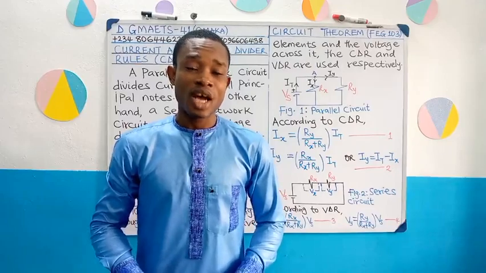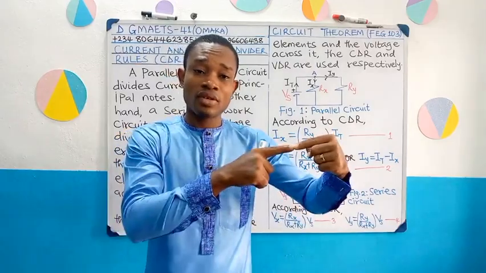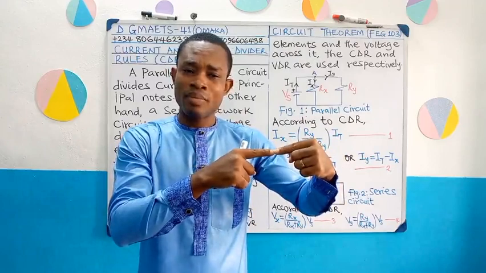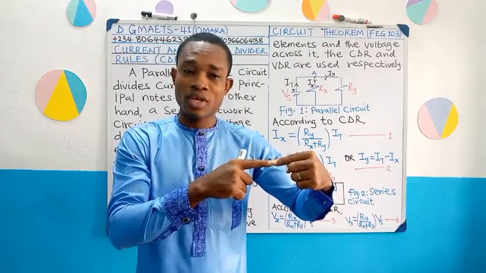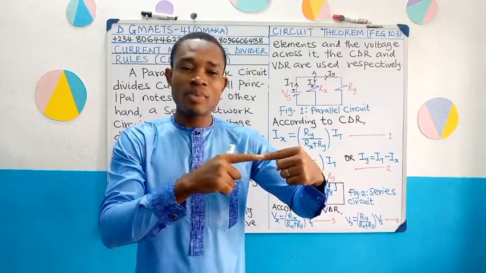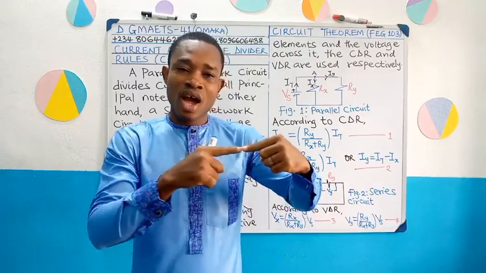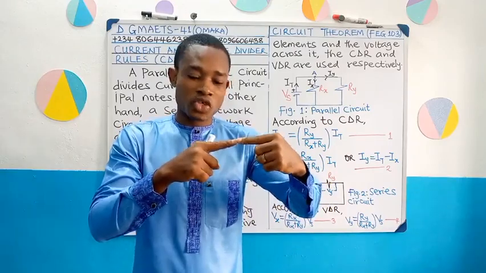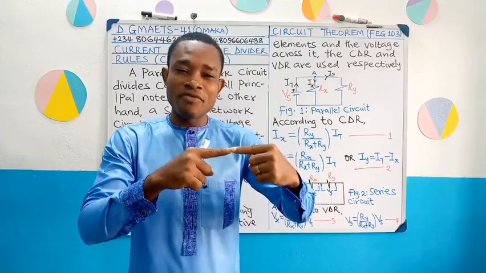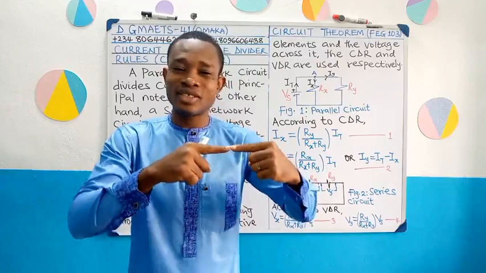Quickly remember that when resistors are arranged in series, the same current flows through them. But what about the voltage? We learned that the voltage differs. They have different voltages, which simply means that a series arranged resistors, are you following, right? Such circuit acts as a voltage divider circuit.